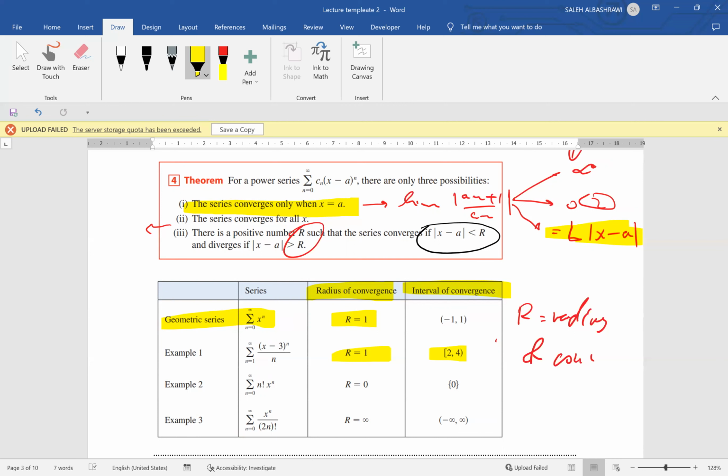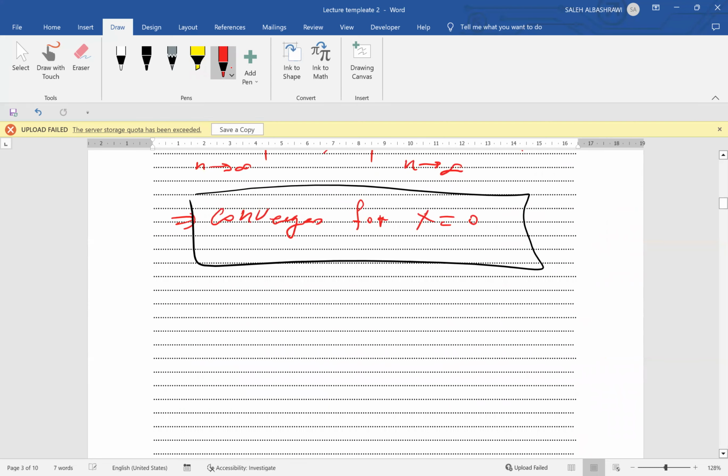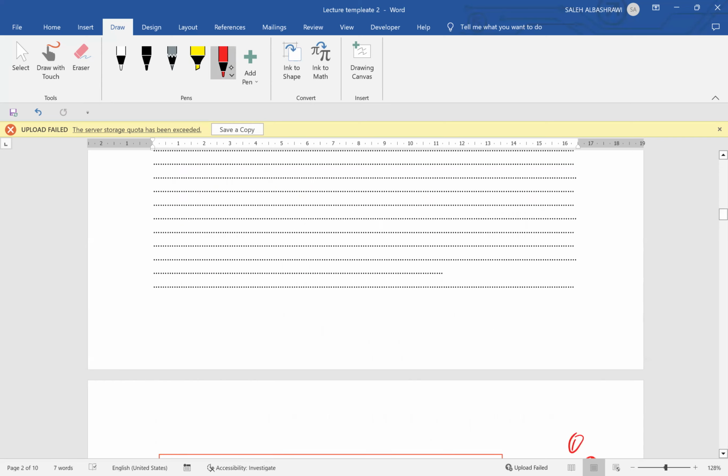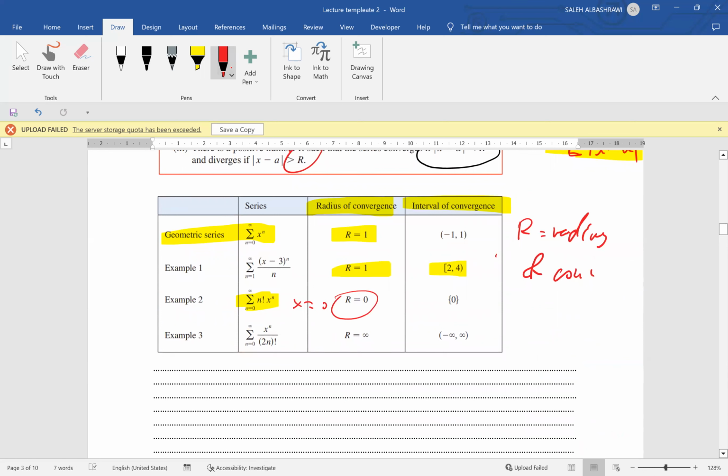The second example, which is n factorial times x to the power n. This is the second example we have discussed. And as we found, the series is convergent only for x equal to 0, which means r is equal to 0. So the radius of convergence is r equal to 0, and the interval of convergence is only 0.